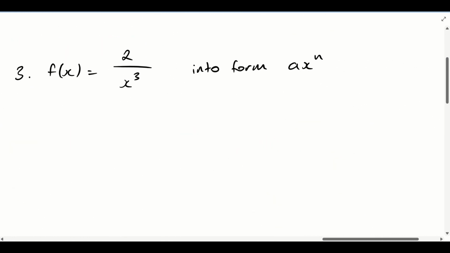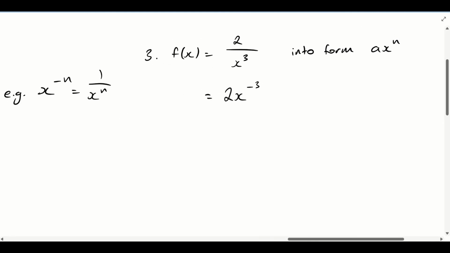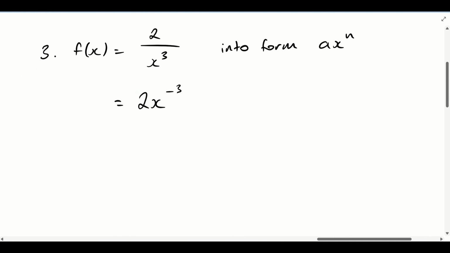Well, we know that we can rewrite this x cubed on the denominator as x to the minus 3 on the numerator. So 2x to the power of minus 3. And we saw that with this bit that I highlighted here. So that's important. That's how we've done that conversion.